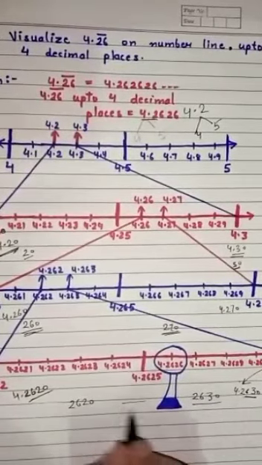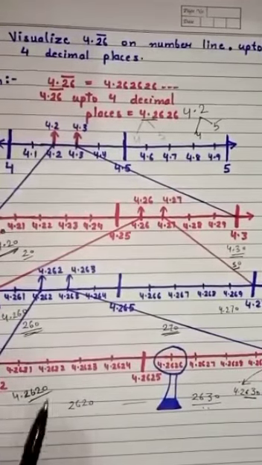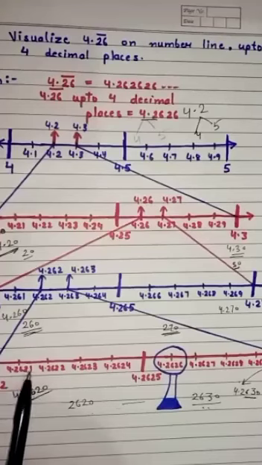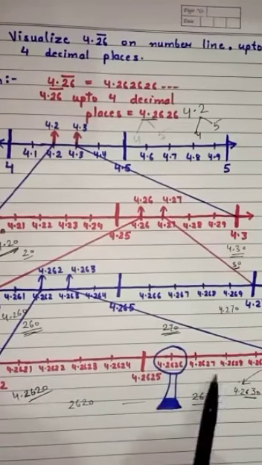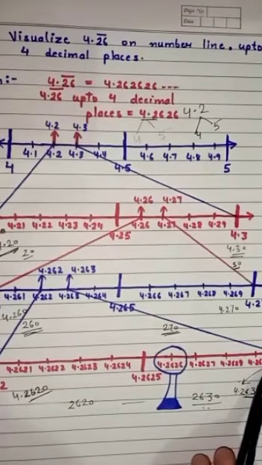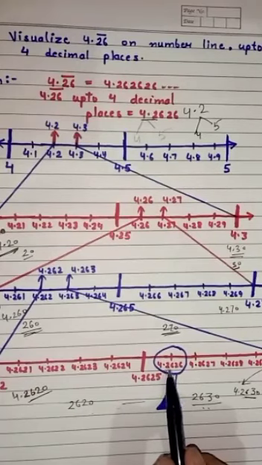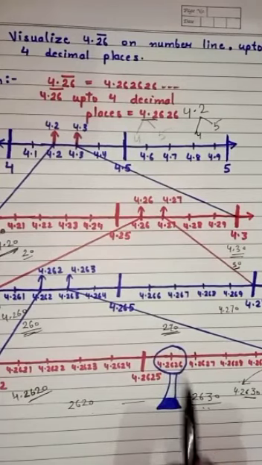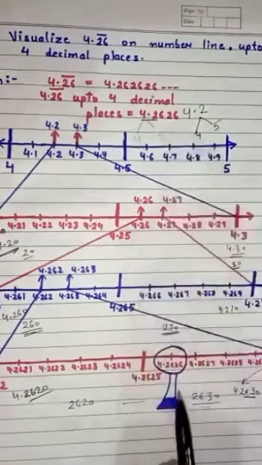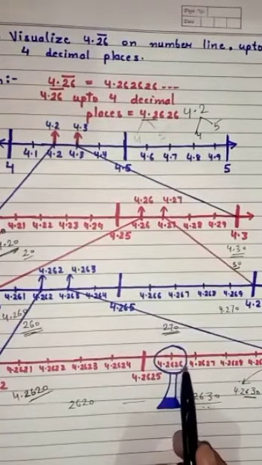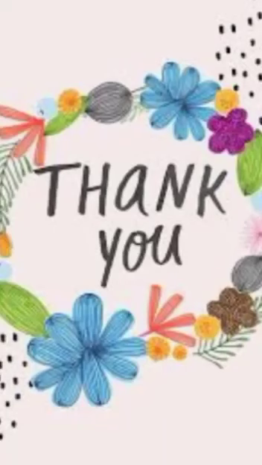Now between these two numbers you have to write down the points: 2621, 2622 and up to 2629. Okay, and what do you want? I am getting 4.2626. This number only we want to mention on the number line, so that would be your point. Okay, clear everyone? Thank you, have a nice day.